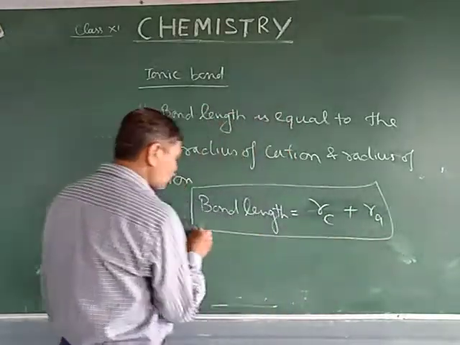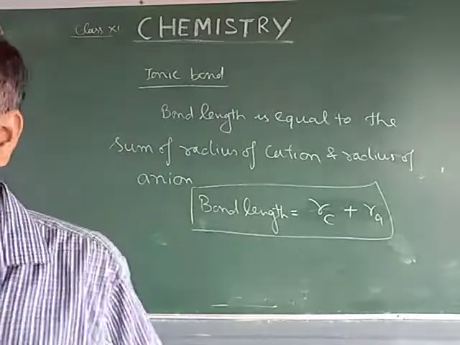Because in the case of an ionic bond, there are a cation and an anion.